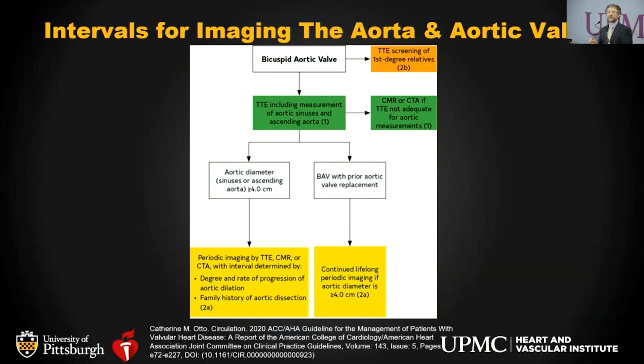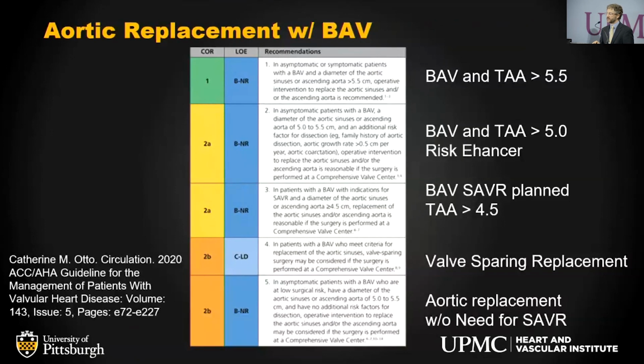If an echo or other imaging shows that the aortic sinus is dilated, those patients should be followed with imaging, probably annually, and I think our discussion will probably talk about how frequently after that we should be doing it. If the aorta really is not dilating over time on annual echoes, you could stretch out the frequency. And if we can't really tell what is going on with the aorta, a CT or an MRI is really recommended to help get standard aortic measurements.